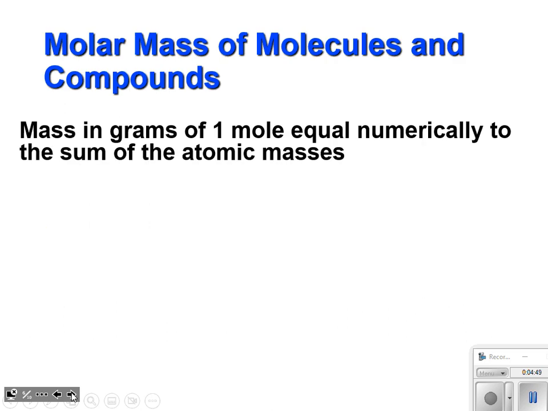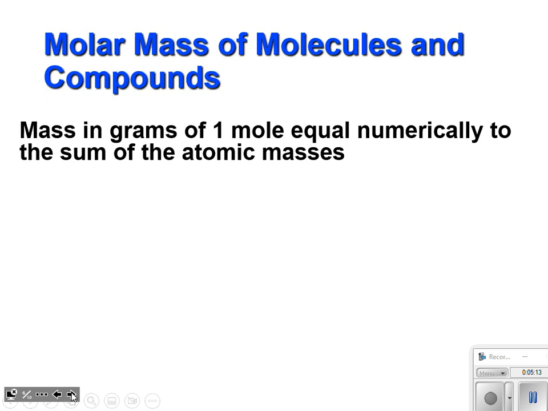Now, it gets a little bit more difficult when we talk about molecules and compounds. Now, why is that so? Well, number one, for molecules and compounds, we're going to have to write out the formulas. And I preach to you, and I preach to you, and I preach to you: if you can't write formulas, you're going to have problems with this.